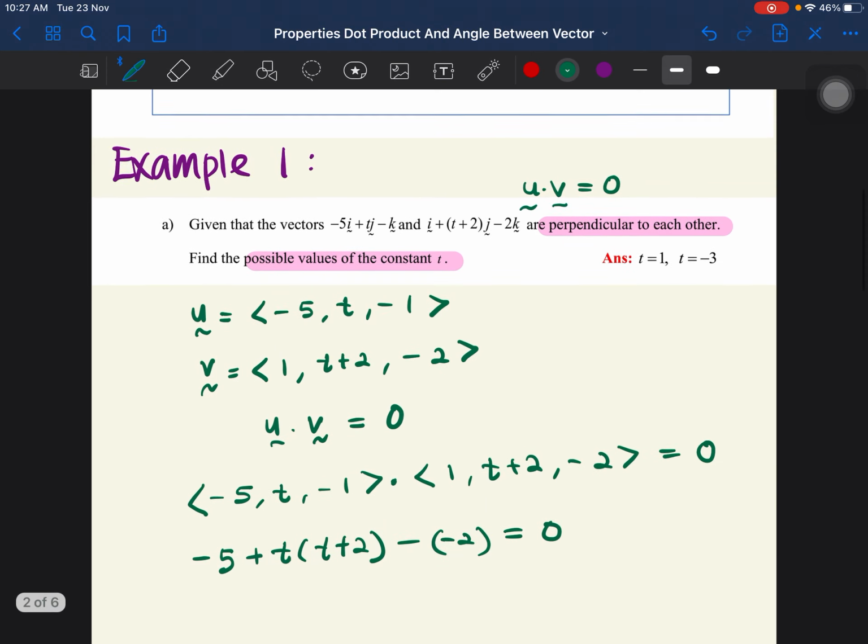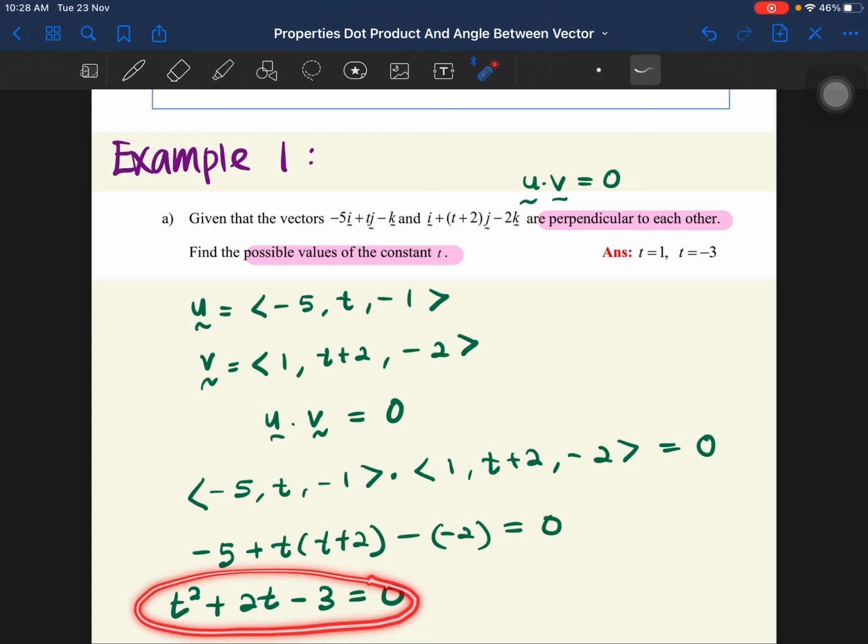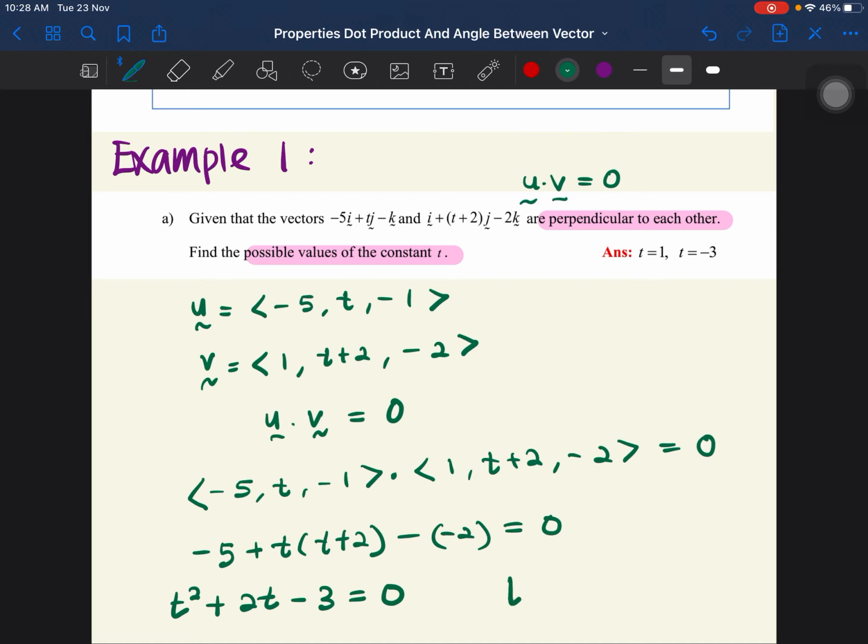So expand and simplify this, and it will give you t squared plus 2t. So -5 plus 2 will give you -3 is equal to 0. Okay, so you can substitute this quadratic equation into your calculator so that you will have t is equal to 1 and t is equal to -3.